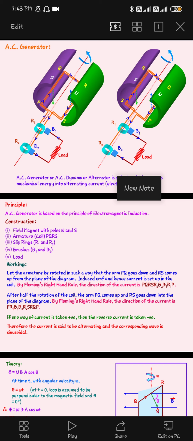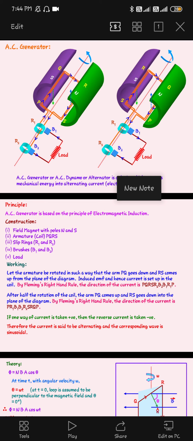The EMF produced across the coil in the rings is carried out by the carbon brushes pressed against the rings. Carbon is a good conductor and has low friction with the copper, so that is why we are using carbon brushes here. The EMF or the current is taken out through the carbon brushes.